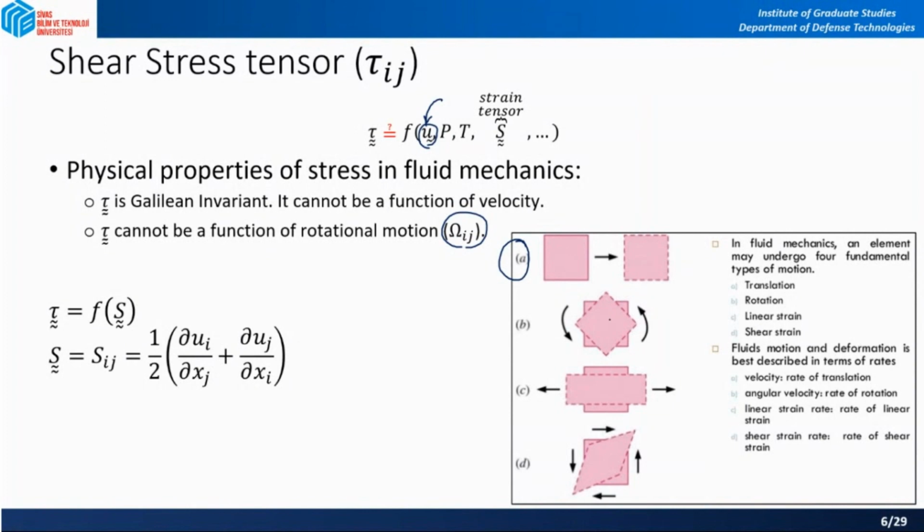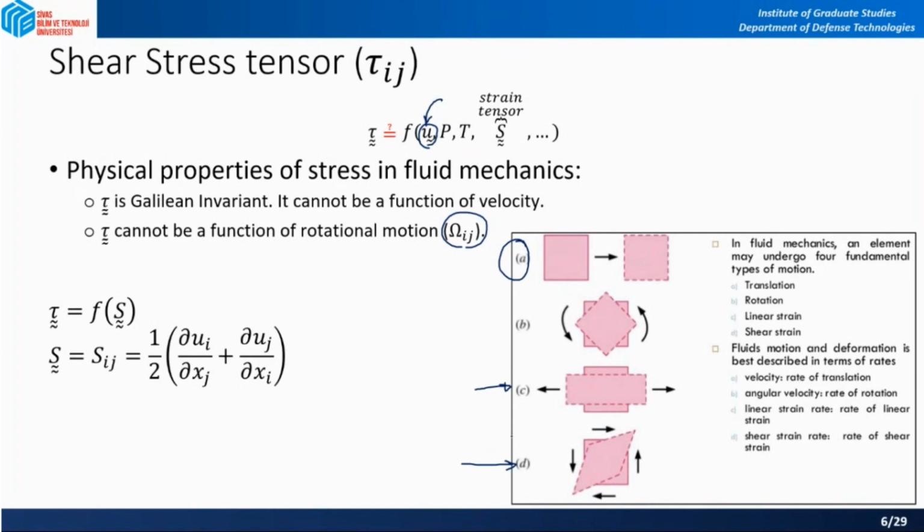Shearing does involve deformation. When you shear something like in D, it is deforming the shape of the fluid. When you shear things, their shape will change, like what you see in parts C and D. But as we defined rotation in fluids, rotation will not change the shape. It is just a rotation about the fluid element axis.